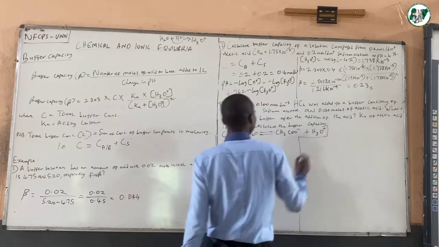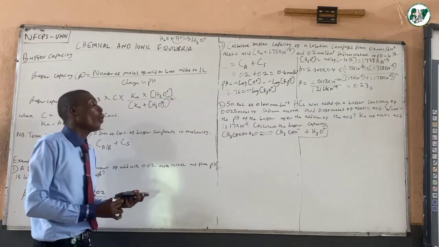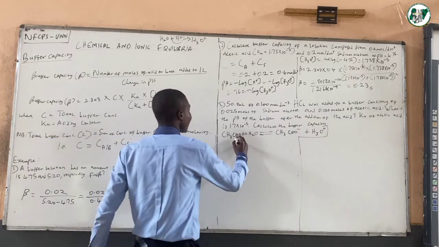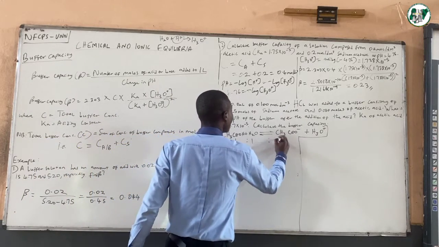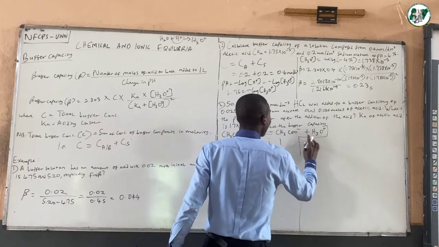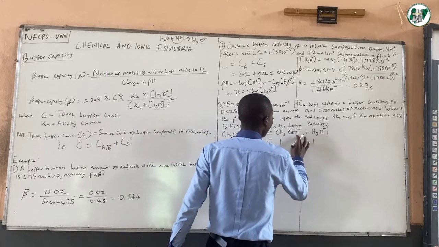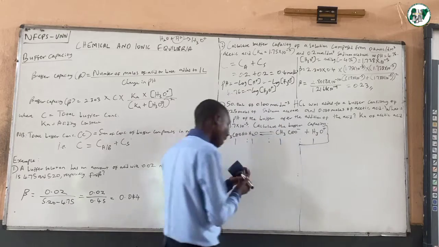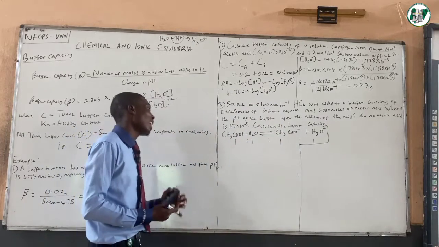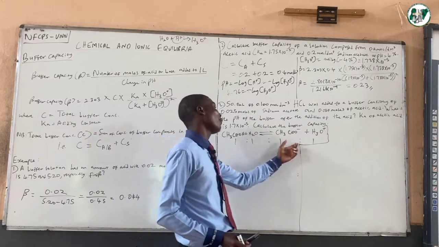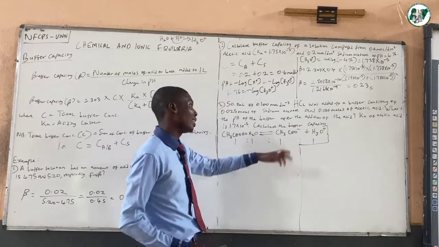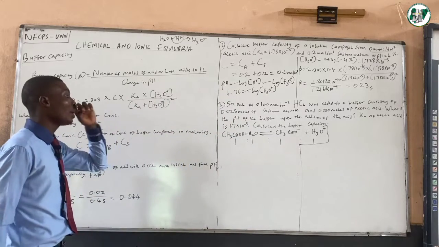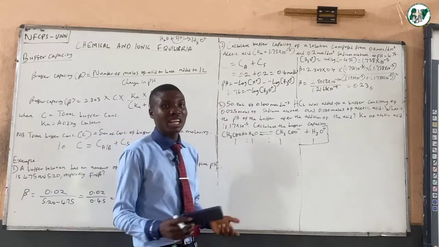This is a 1:1:1:1 equation. What does that simply mean? It means that 1 mole of acetic acid in 1 mole of water will give 1 mole of acetate, that's ethanoate, and then 1 mole of hydronium ion. Now, why is it important for us to write this out? It is important because of this.